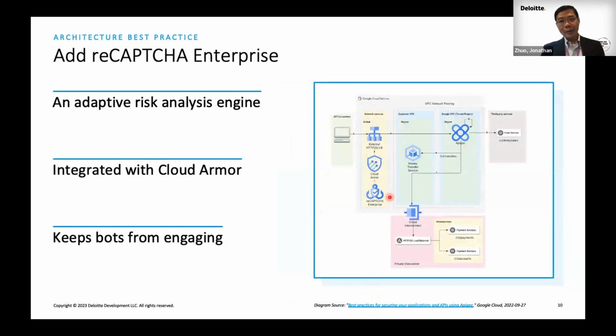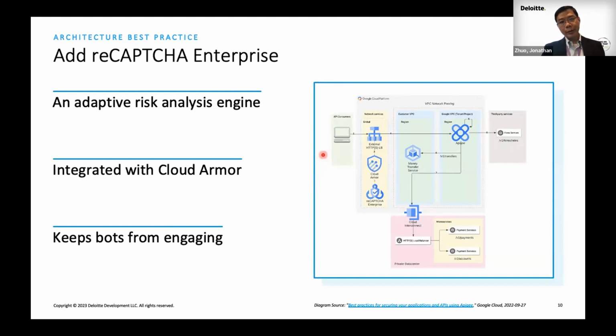It uses an adaptive risk analysis engine to keep automated software like bots from engaging in abusive activities on your site. You can set application to load the reCAPTCHA Enterprise libraries to generate a reCAPTCHA Enterprise token and send it along when they make a request.